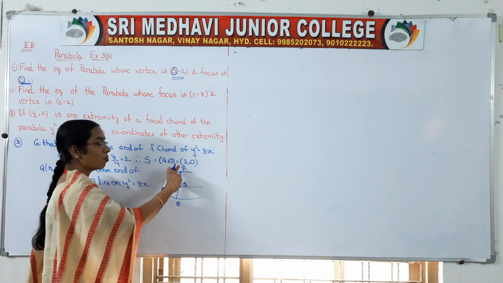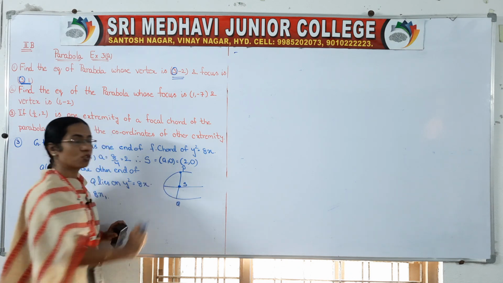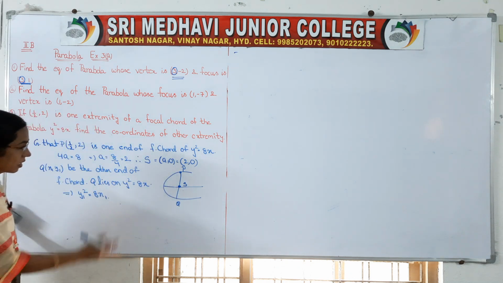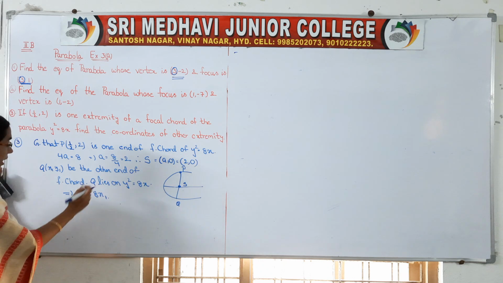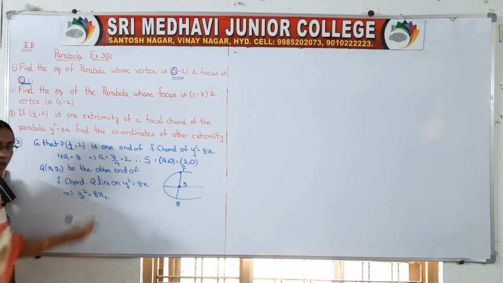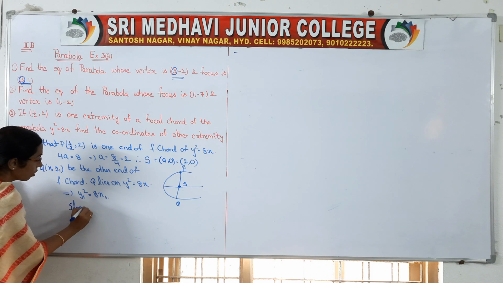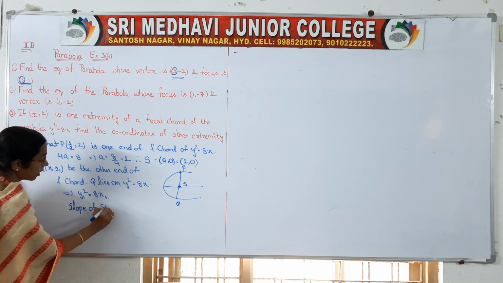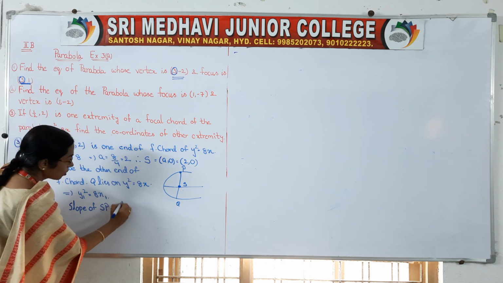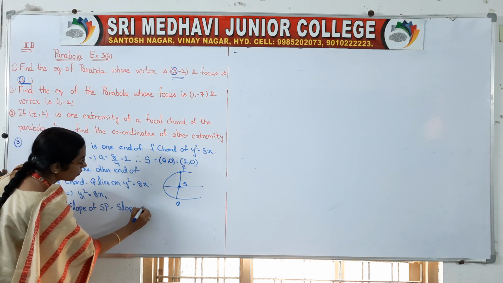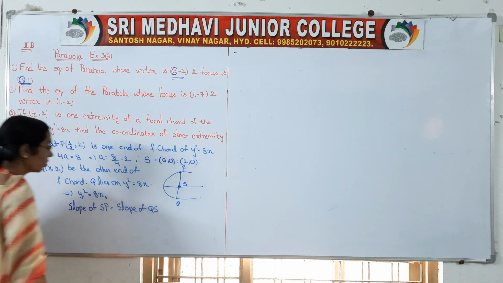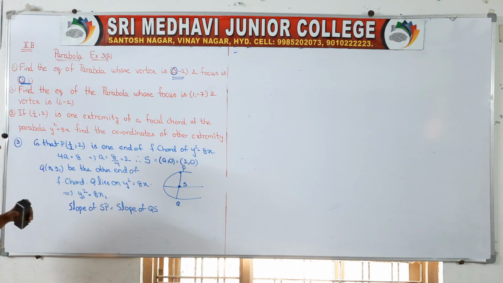That means the slope of SP is equal to the slope of QS. It represents the same line. So you take the slope of SP equal to the slope of QS.